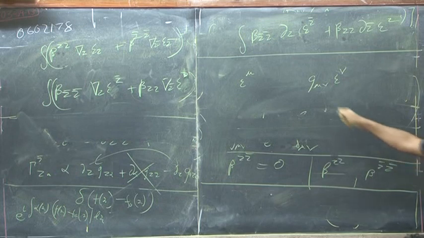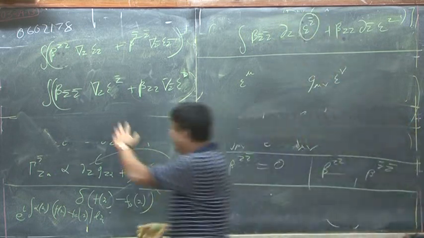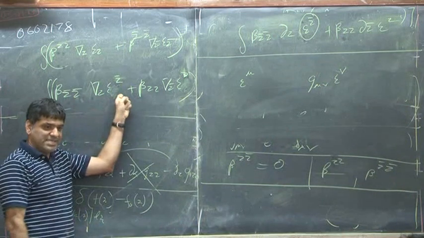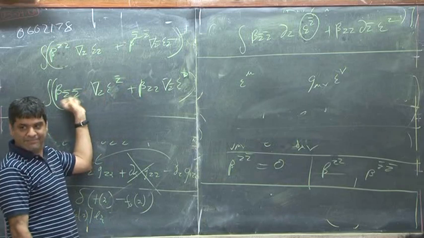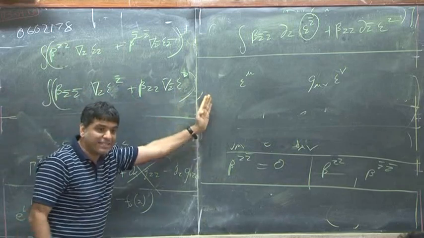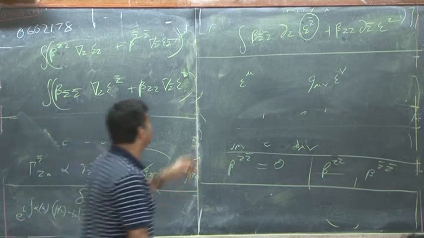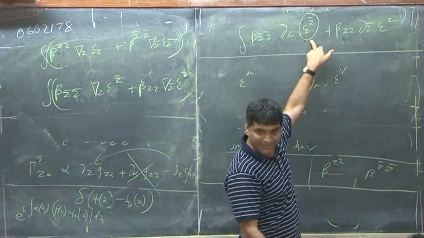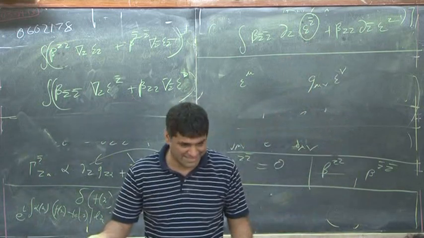Who is the Weyl invariant guy? This guy. Because when written in terms of zeta with upper index and beta with lower index, this covariant formula actually was independent of the Weyl factor. So zeta with an upper index is the Weyl invariant guy. And that guy transforms with weight minus.